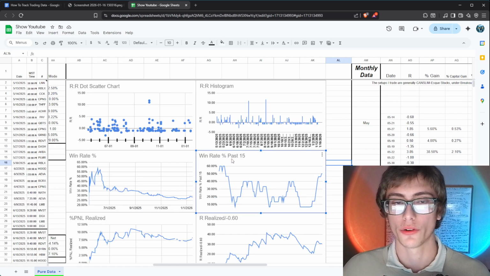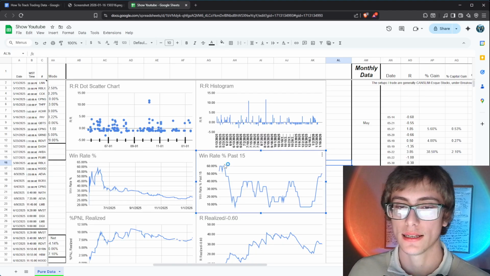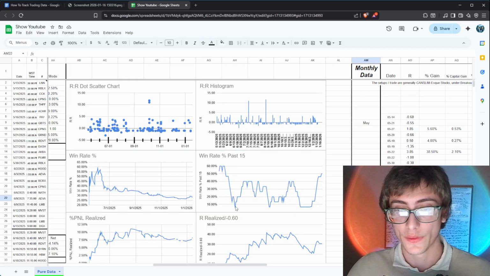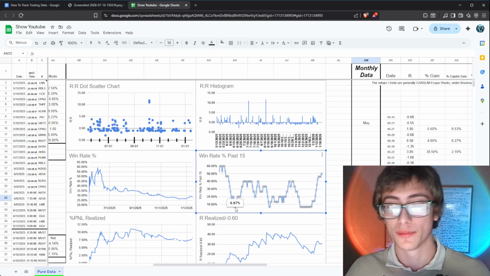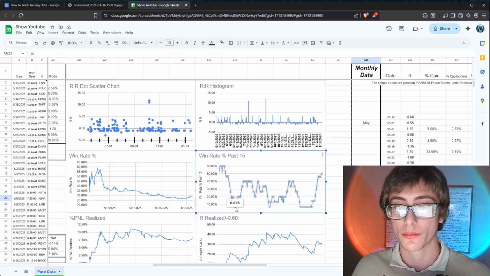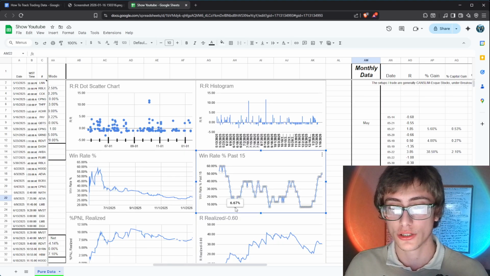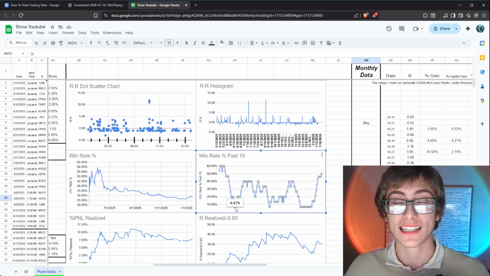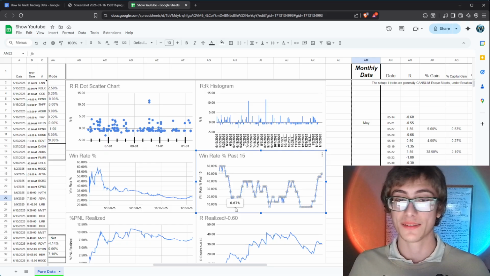And then here's a fun one, the win rate past 15 trades. This is one of my favorite ones that really gives you a perspective of how the trading has been recently. When trading is going horribly, which has happened over the past 6 months, we've had some pretty negative conditions occasionally, I will have a 6.67% win rate across the past 15 trades.